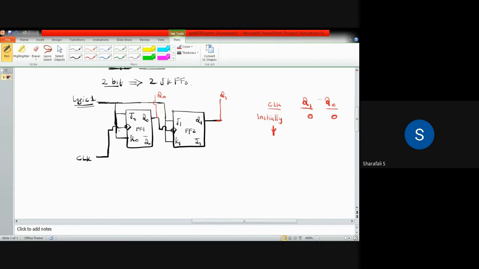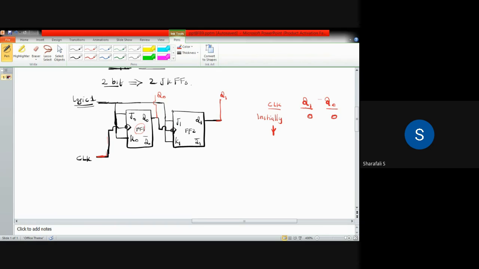The clock pulse is applied only to the first flip-flop, and the second flip-flop is not connected to the clock directly.